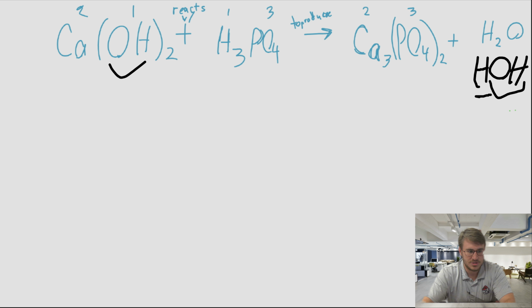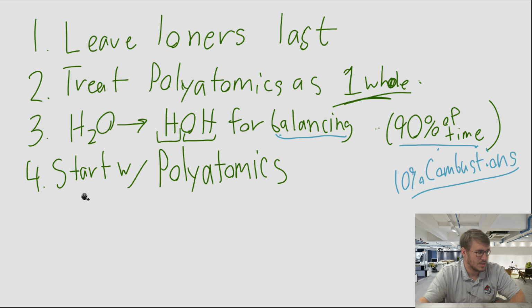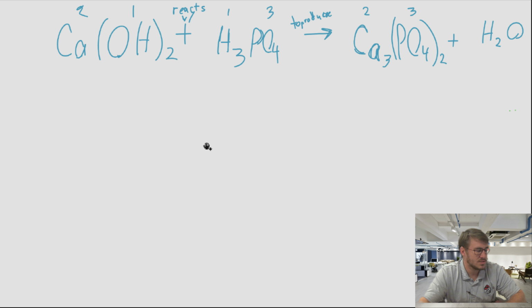Pretty straightforward, pretty simple. Next step is to balance it, and so let's use those rules. Start with the polyatomics as the next rule. Starting with polyatomics, we start with the most polyatomic, which is PO4, because there's 4 O's and 1 P. It's 5 items in the species. So we start with that.